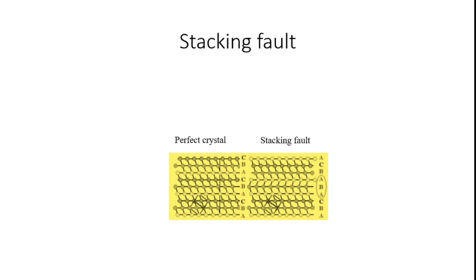Here the stacking fault has occurred. Stacking faults may be formed during the growth of a crystal, and they may also result from the motion of partial dislocations.